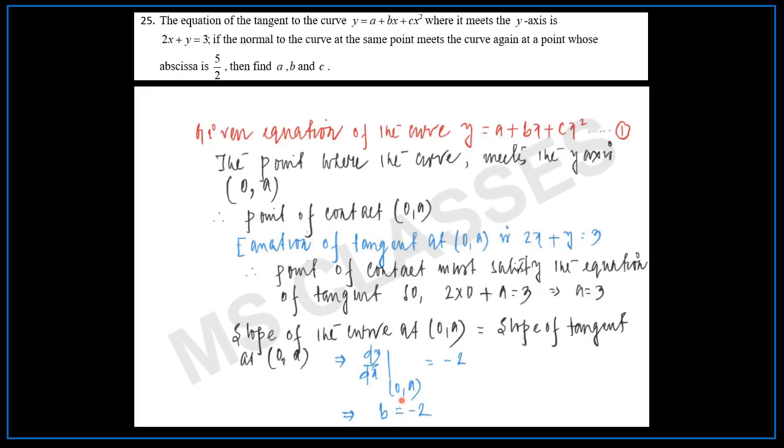Now it is said that the normal to the curve at this point meets the curve again at the point whose abscissa is 5 by 2. To find that, at first we have to find the equation of the normal. Here slope of tangent is minus 2 at this point, so from this we can find the slope of the normal.